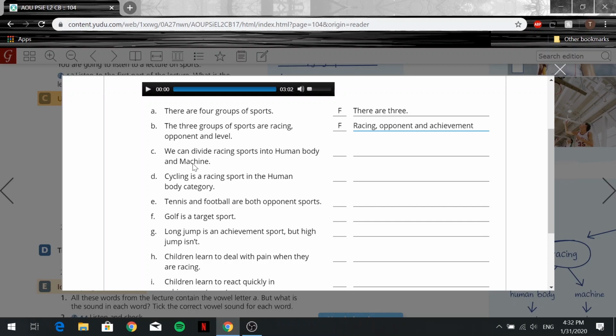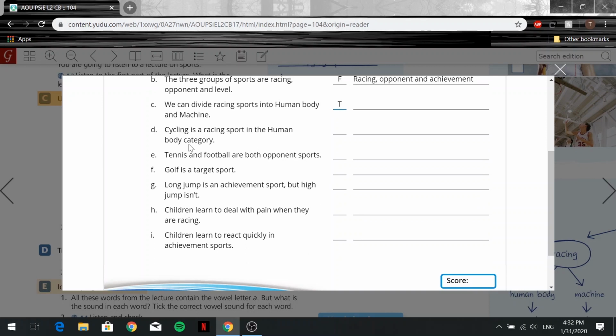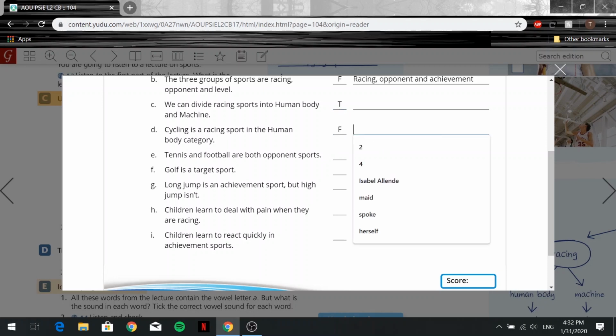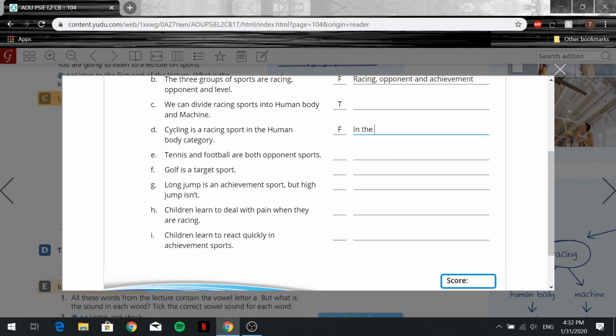C, we can divide racing sports into human body and machine. This is true. Yes. Cycling is a racing sport in the human body category. We'll say nope. This is false. It's actually in the machine category and not the human body. So we'll say in the machine category. Okay? Let me add a full stop here as well.